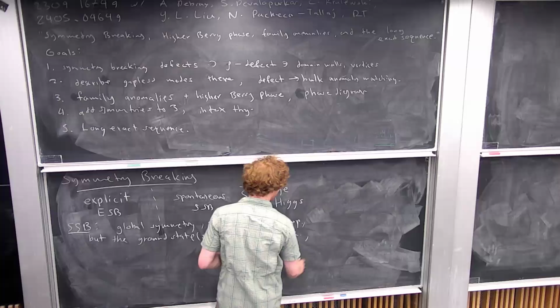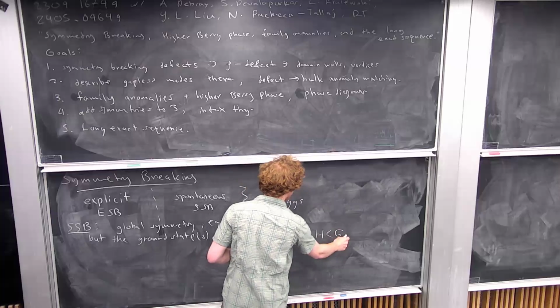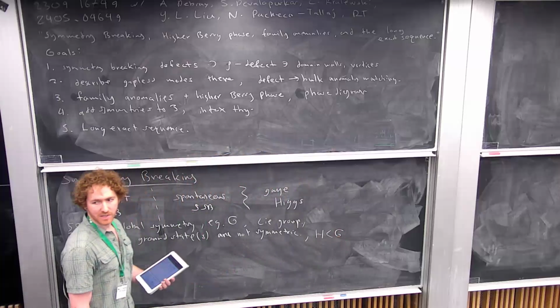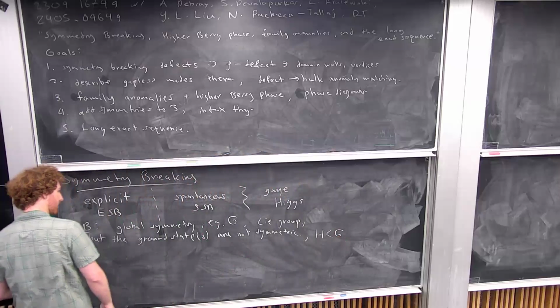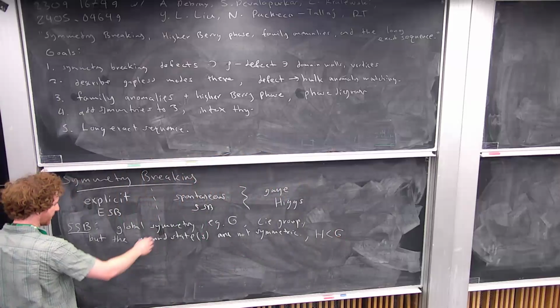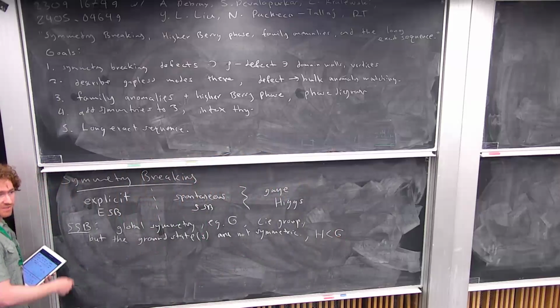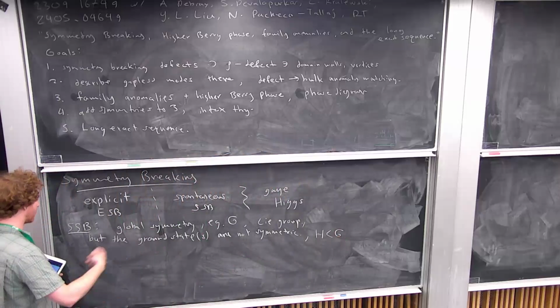Typically, each state is preserved by some subgroup that stabilizes it, and there have to be multiple ground states, because if G doesn't fix the state, then it has to send one ground state into another.